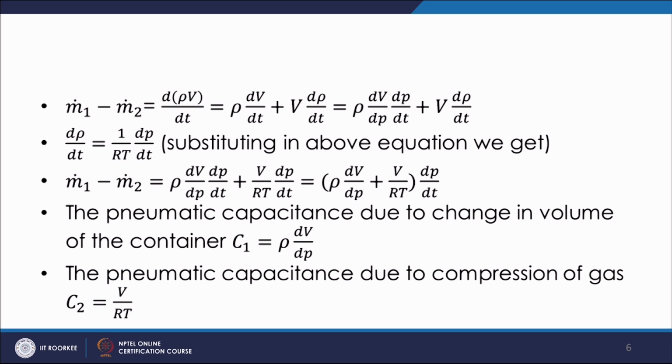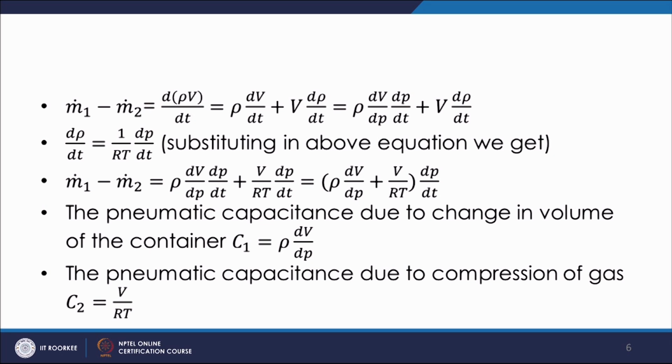So, in a pneumatic system, the capacitance is due to the change in volume of the container as well as due to the compressibility of the gas. For both we have a capacitance, and the total capacitance of the pneumatic system is going to be the summation of C1 and C2.